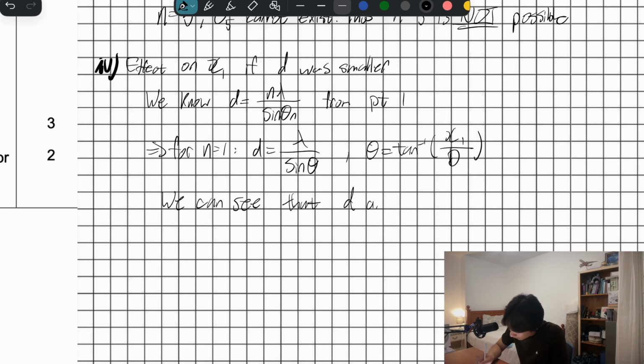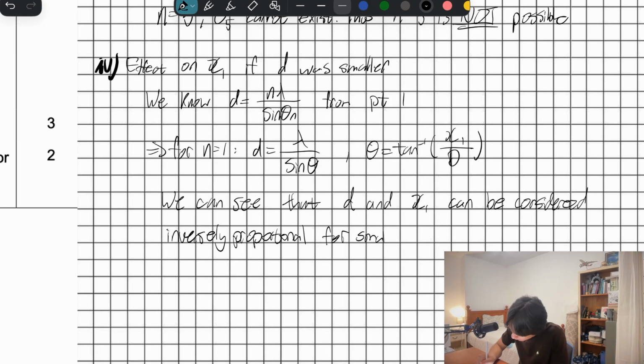So we can see that d and x1 can be considered inversely proportional for small angles. Because if you put the theta here, you know that sine is an increasing function for the range that we care about, which is basically 0 to 90 degrees. And we know that tan is also increasing for 0 to 90 degrees.